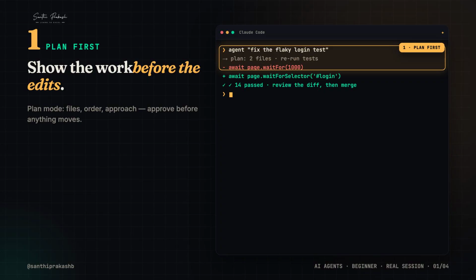Wrong direction is the most expensive failure an agent has, and a plan catches it before a single line moves. Approving a plan takes 10 seconds. Untangling a wrong refactor takes an hour. The plan also reveals whether the agent understood the task. If the plan is wrong, you find out for free before any edits exist. That's the cheapest possible failure.